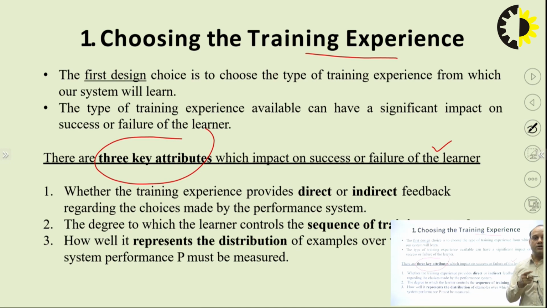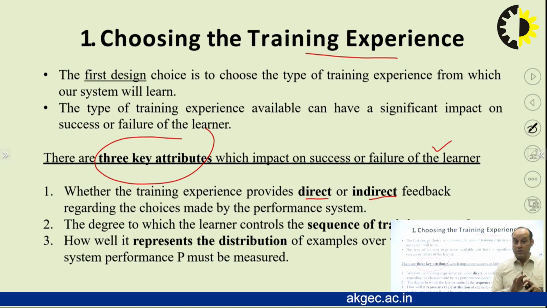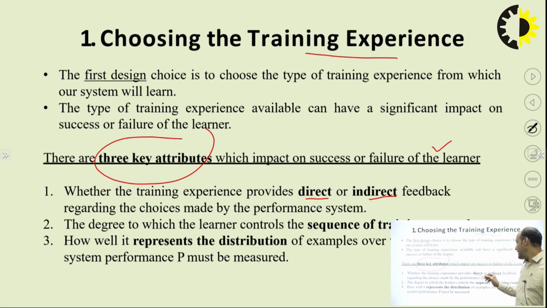Number 1 is whether the training experience provides direct or indirect feedback. Direct means in the presence of a teacher, and indirect means without the presence of a teacher. So this is the first key attribute: direct or indirect feedback regarding the choices that were made by the performance system. The second is the degree to which the learner controls the sequence of training examples.